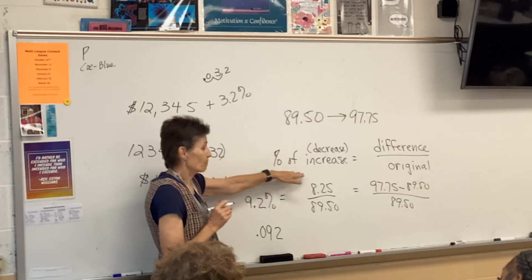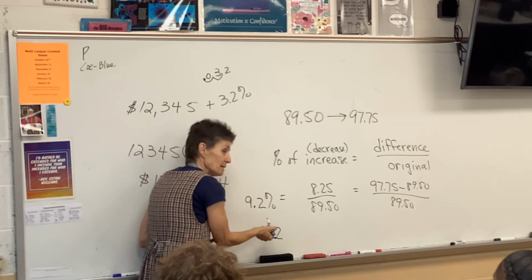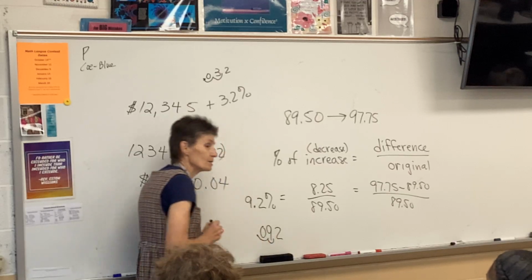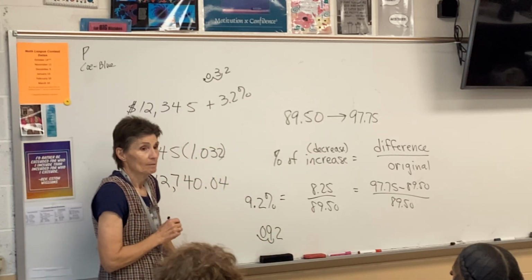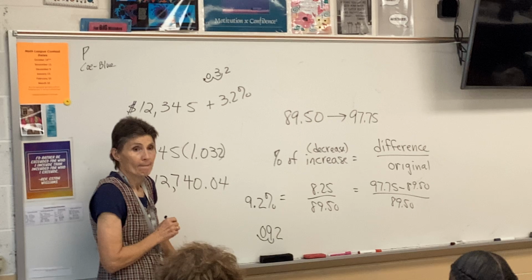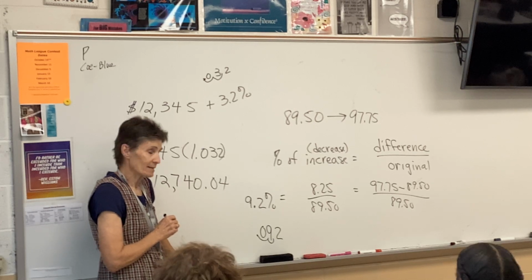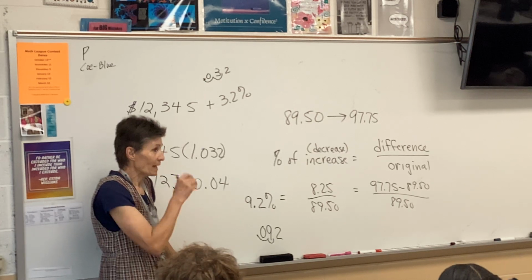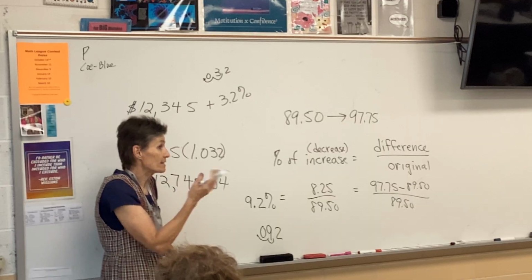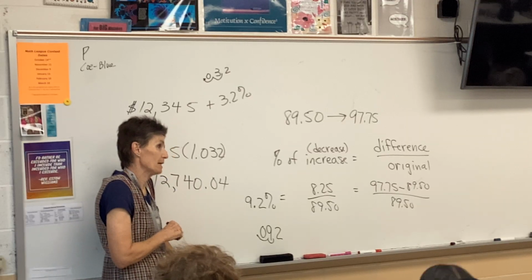I am finding the percent though, so how many decimal places? 2. So that's how I got 9.2%. So basically what that means is, from last year to this year, the price of the book went up 9.2%.